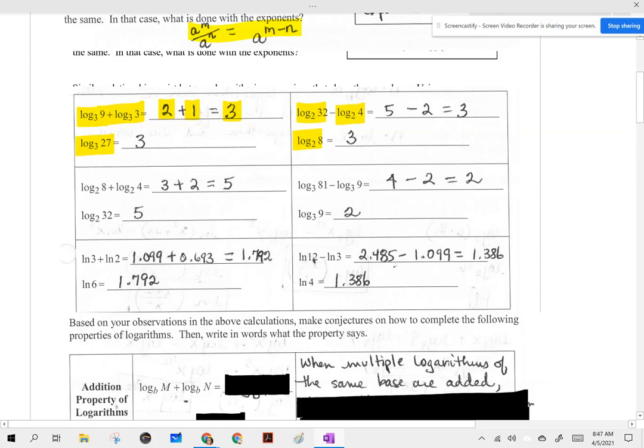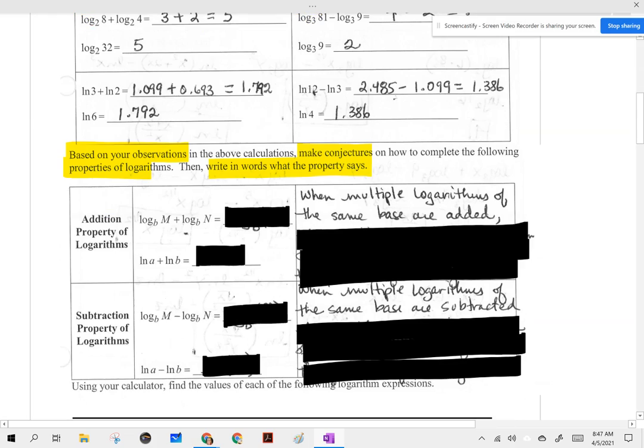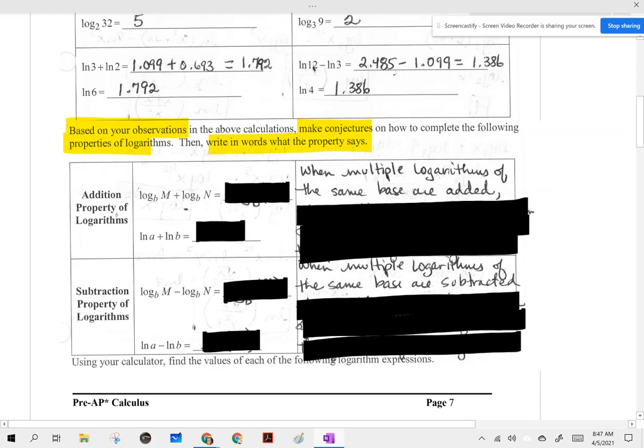All right, so based on our observations, make conjectures on how to complete the following properties, then write in words what the property says. All right, so here we have the addition property of logs. If we have log base b of m plus log base b of n, based on that observation that we just did, it would be the log base b of m times n. Same thing with ln.